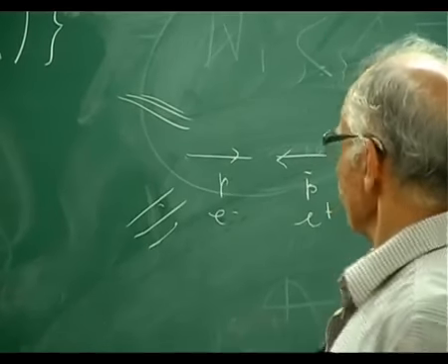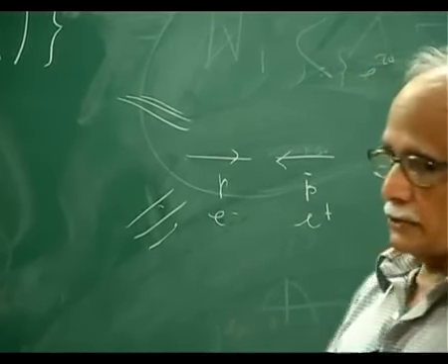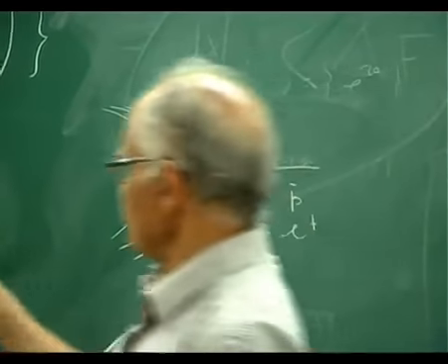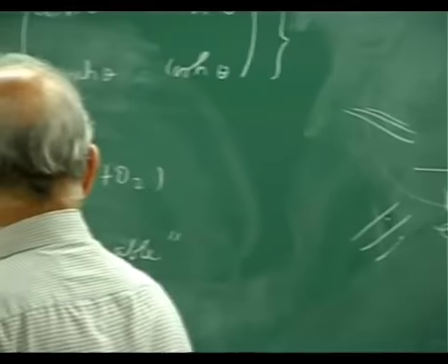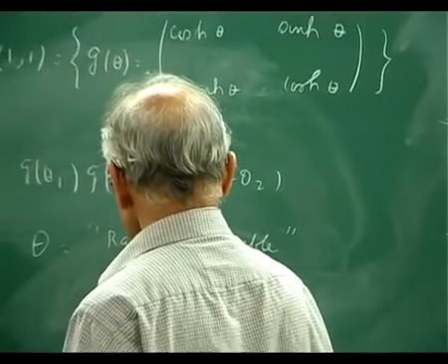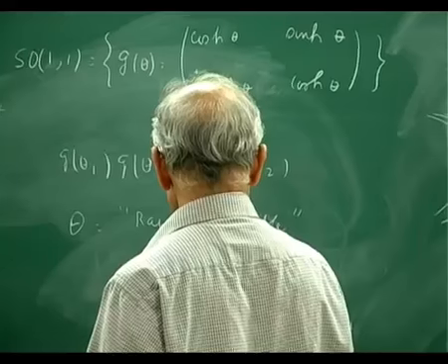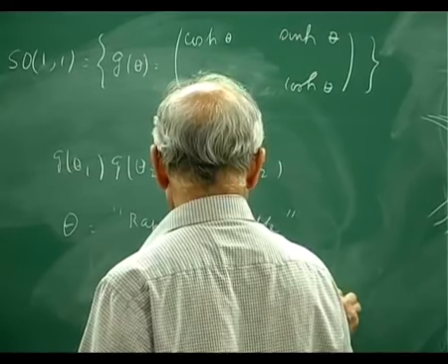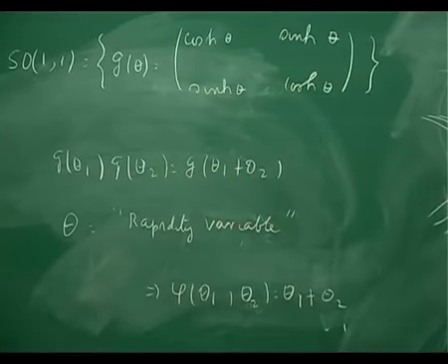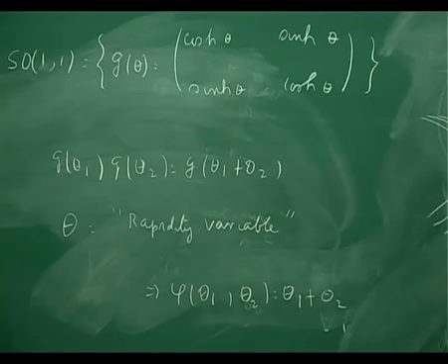This variable is well known, but for us the important thing is that phi of theta 1, theta 2 is theta 1 plus theta 2. So this is simply addition.